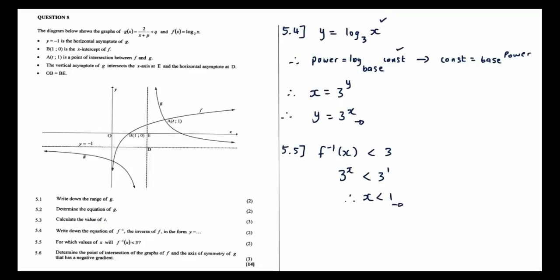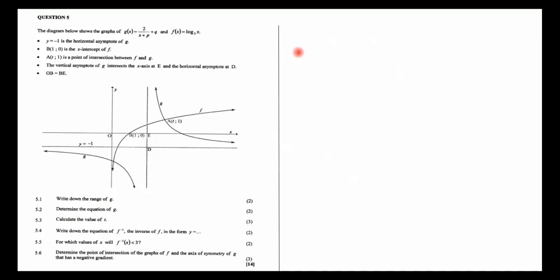Now the last question here is going to be: determine the point of intersection of the graph of f and the axis of symmetry that has a negative gradient. All right, so in 5.6, let me write this.